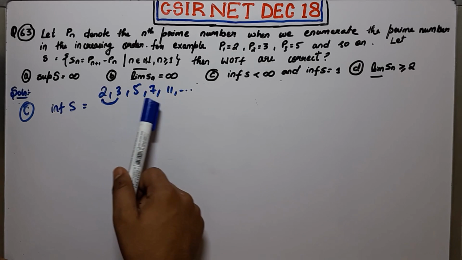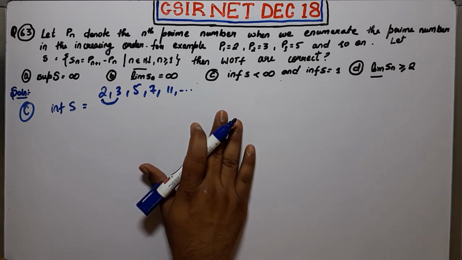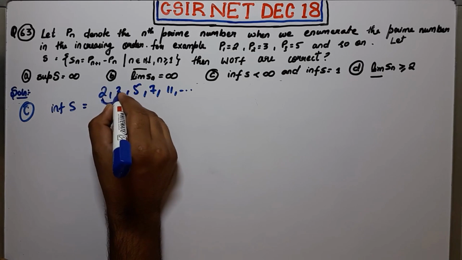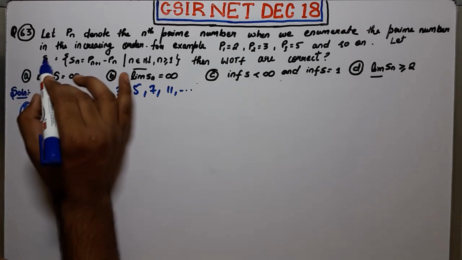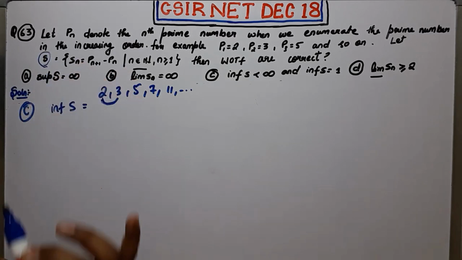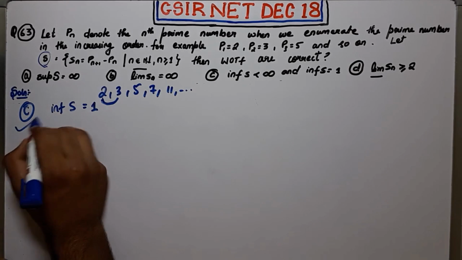After that the difference increases, and it is always greater than 1. So 2 and 3 are the two consecutive primes whose difference is 1. That means 1 belongs to S and that is the least number. So the infimum of S must be 1. Okay, so C is also correct.